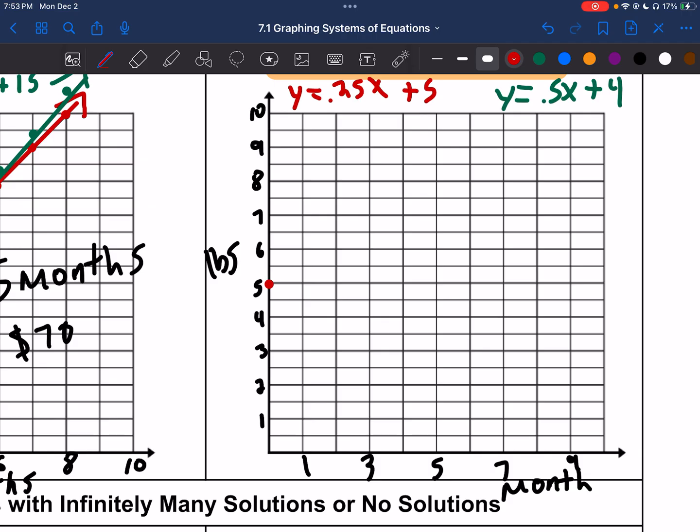Well, if I look at it, a quarter of a pound in a month is going to be halfway on that grid line, and it's going to take 2 months before we go up a full pound. So every 2 months, we're going up a full pound. Okay, and that one went a little more. So every 2 months, we go up a full pound. Okay, and that's our line there.